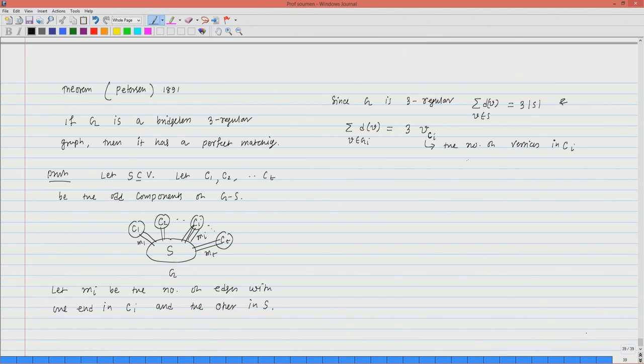So, V(Ci) is the number of vertices in Ci. Okay.